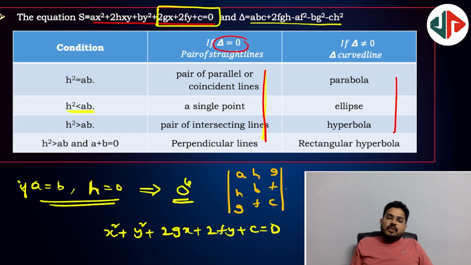This value has to be equal to 0 to represent a pair of lines, and if it is not equal to 0, it will not represent a pair of lines, but it will represent a conic, particularly either a parabola or an ellipse or a hyperbola. In the hyperbola, the special case is the rectangular hyperbola. Okay, right.